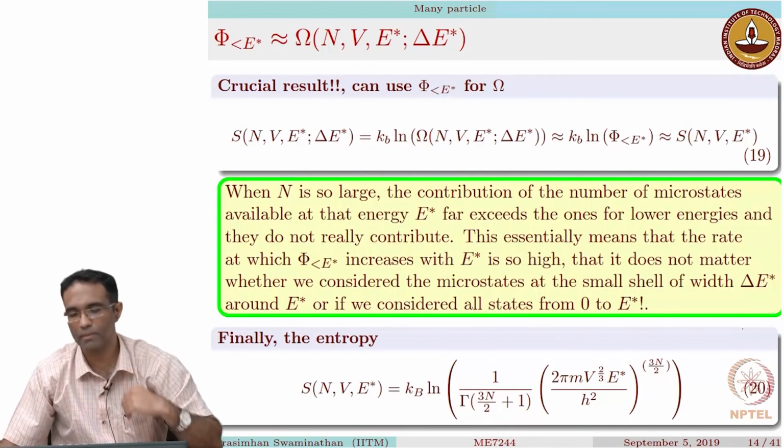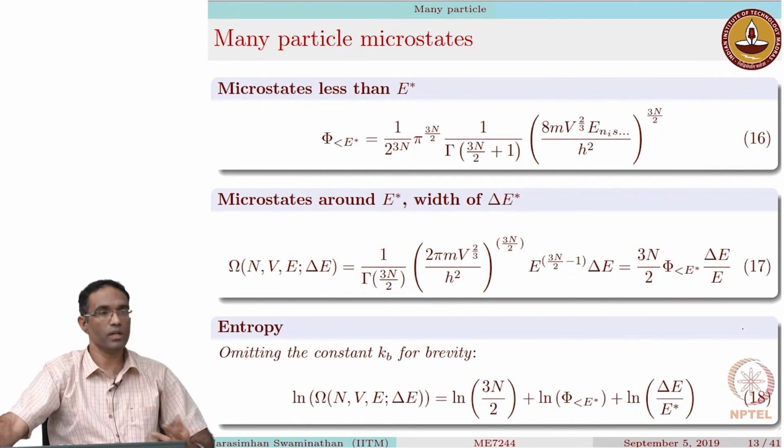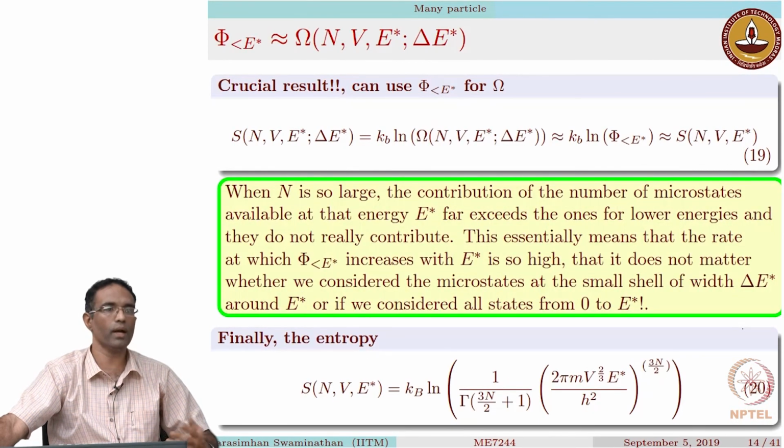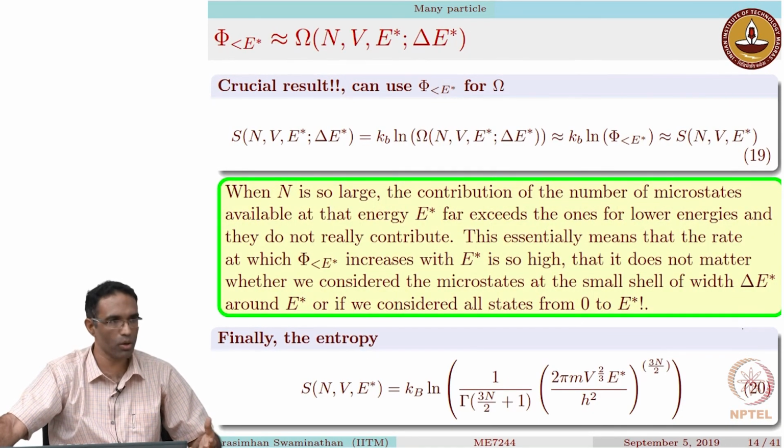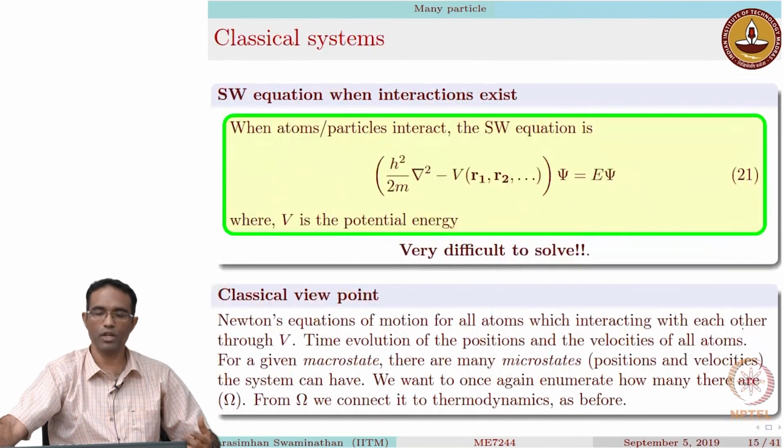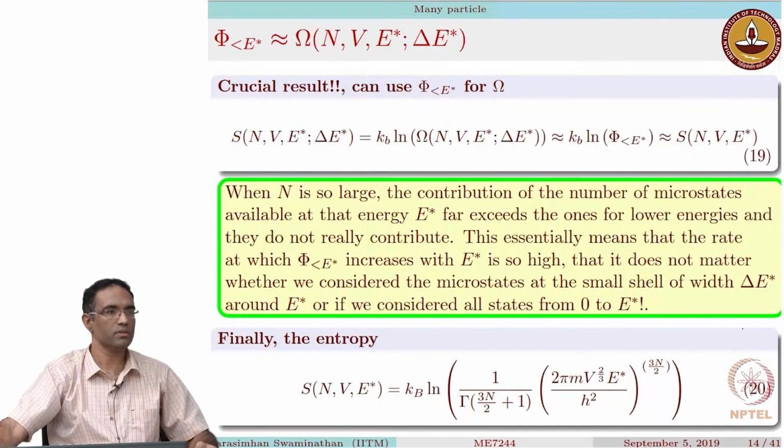Using this idea, you can actually derive omega for a system which has a large number of particles. We will do this in the next class, and then with this we can find what S is, because S is nothing but kB ln omega. With that we can show what happens when we take the derivatives with respect to energy and with respect to volume.